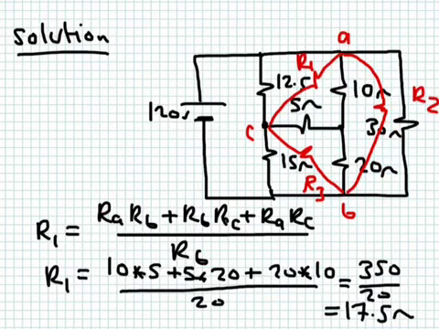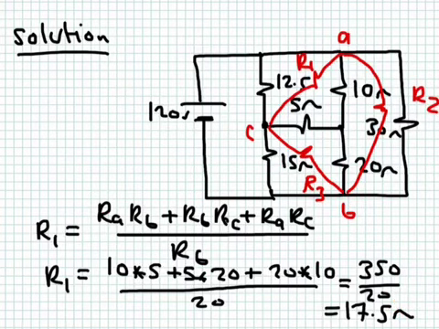Okay, so if you do that, you get R1: 10 by 5 plus 10 by 20 plus 20 by 5. So you get this expression, you divide by RB. This is RB, a resistance connected to node B. It's 20 ohm. So you get 350 divided by 20. You get here 17.5 ohm.